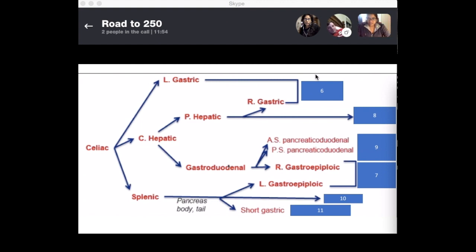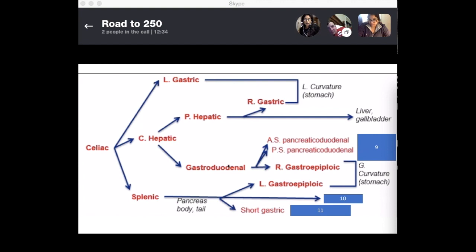So, what do all of these supply? The left gastric and the right gastric together supply what part of the stomach? Spleen. Oh no. Yeah, the lesser curvature. And then your other anastomoses, the right and left gastroepiploics, are going to supply the greater curvature. Yes. And you have your proper hepatic, which is going to supply the liver, as well as your gallbladder.